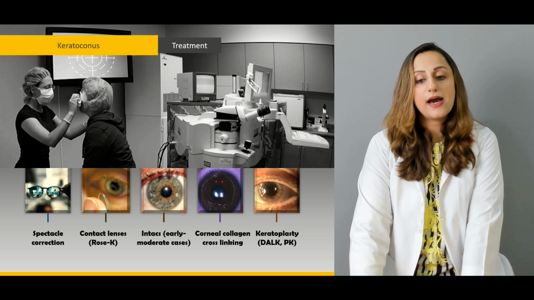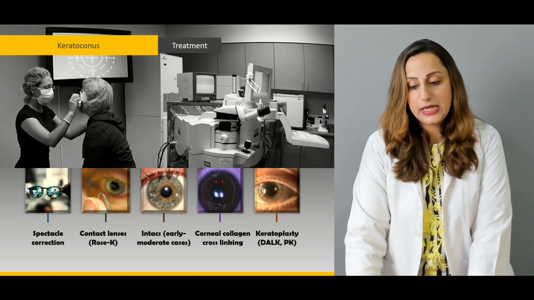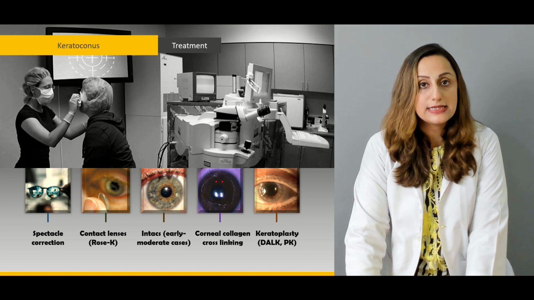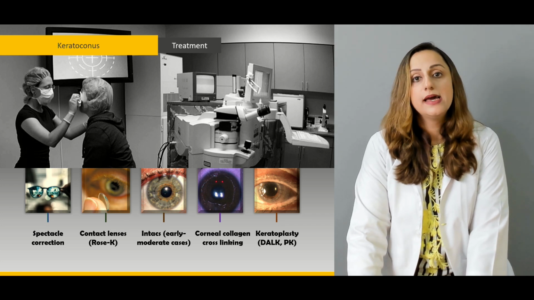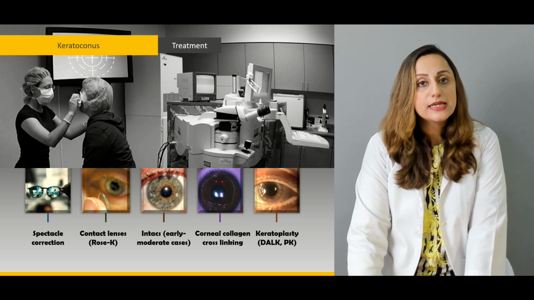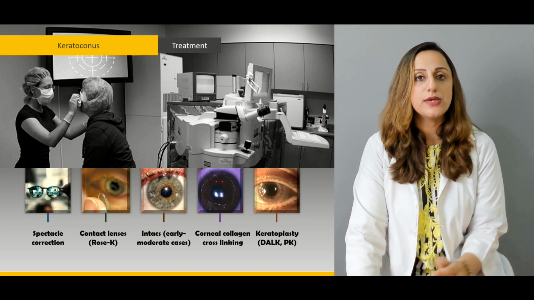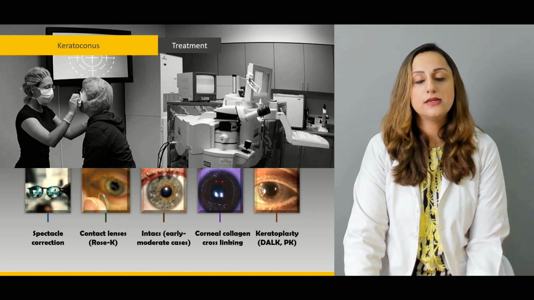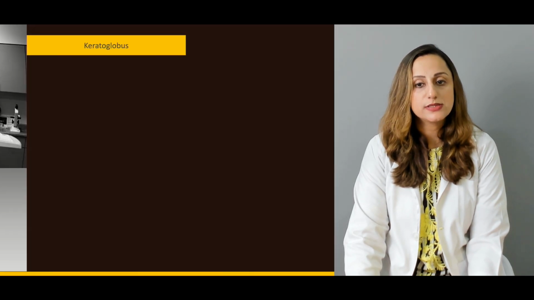As well as we have DALK, which is deep anterior lamellar keratoplasty, an abbreviation for that. And then we have penetrating keratoplasty. So any of these variants can be used for treating cases of keratoconus.